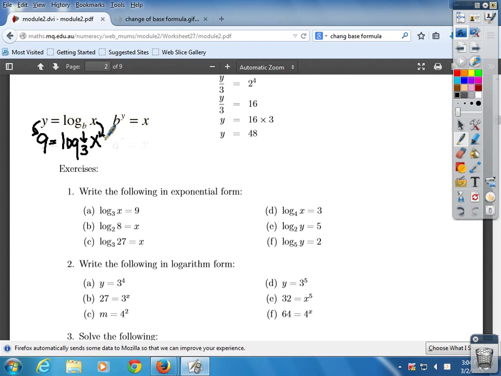If your problem is in this form, then you're going to write the answer in this form. Not rocket science. Okay? So what's my b? 3 to the 9 is equal to x. And that's some big number. You can do that with a calculator.